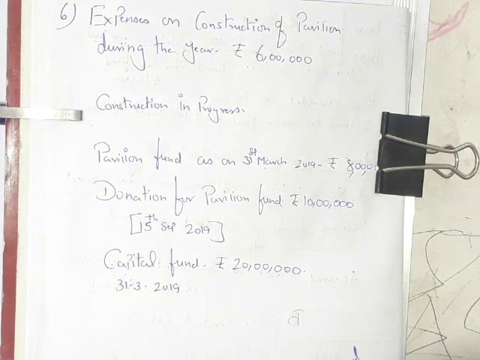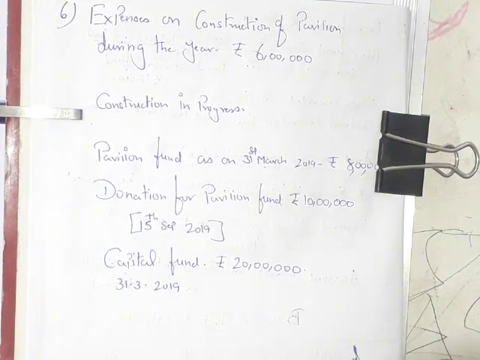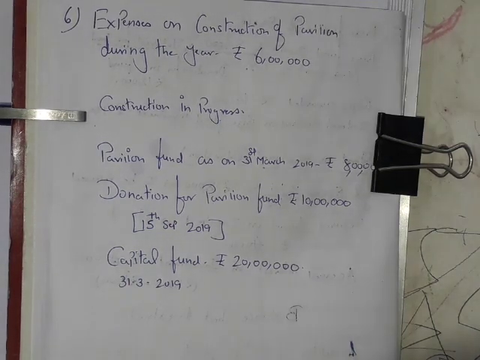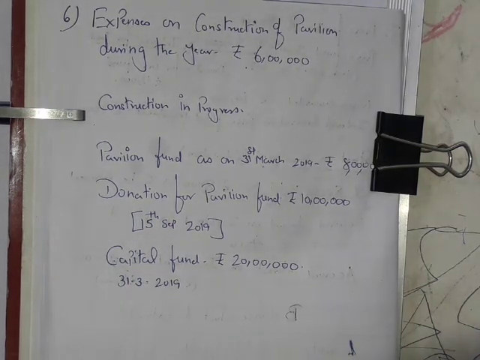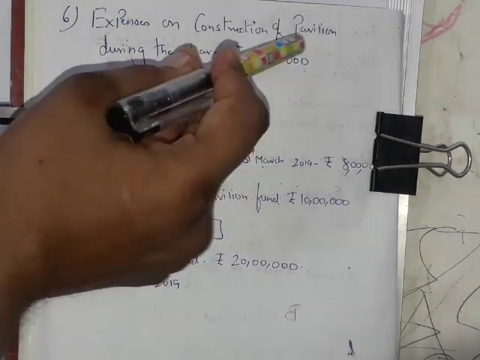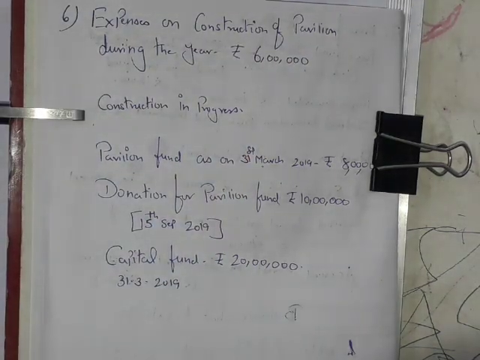Now students, look at this sixth problem, that is the sixth subdivision. It is said that expenses on construction of pavilion during the year. So there is a pavilion to be constructed, and for construction of this pavilion the expenses amounted to rupees 6 lakhs. When you are going to build a pavilion, what does it mean? It is an asset.